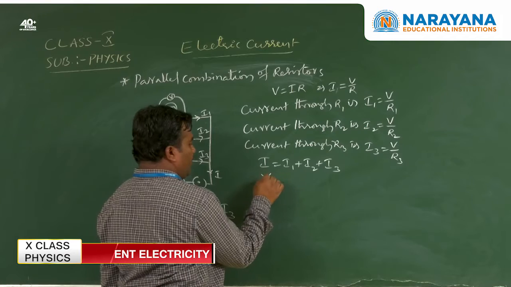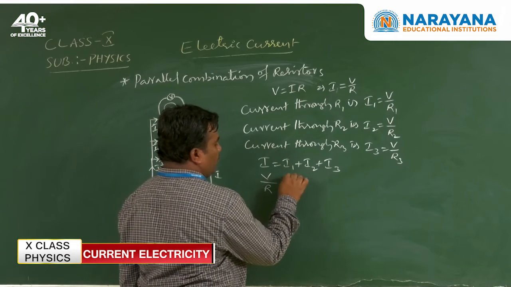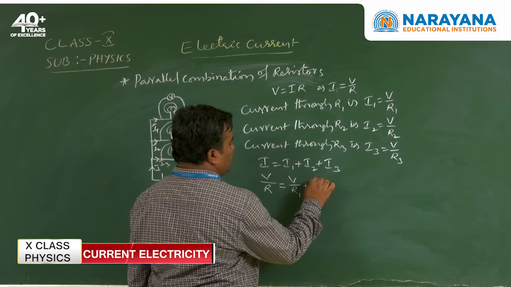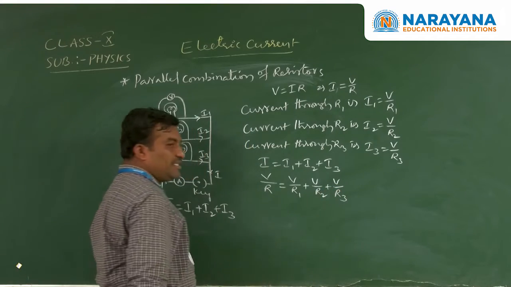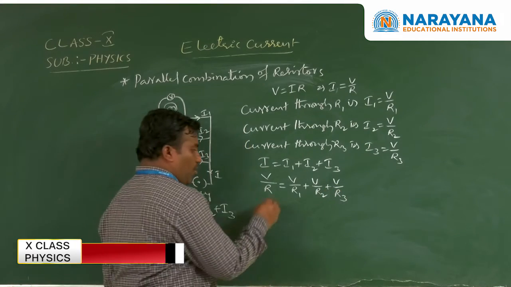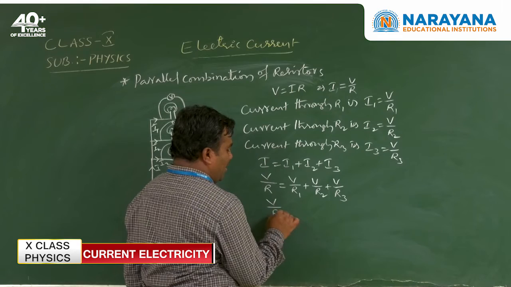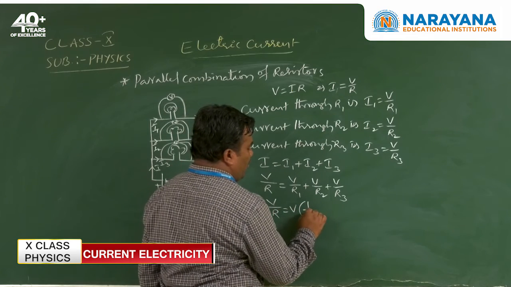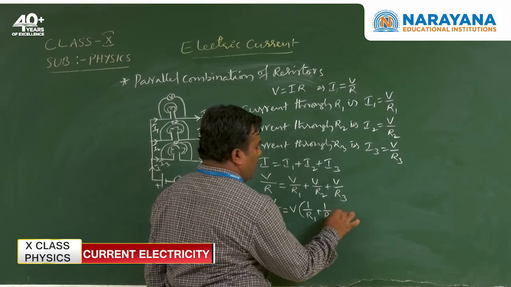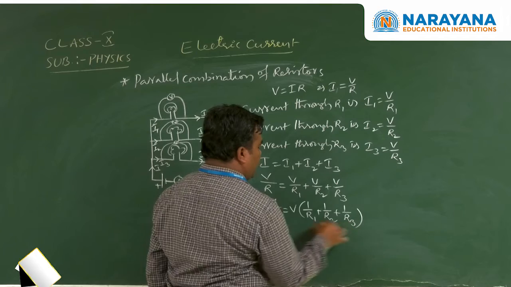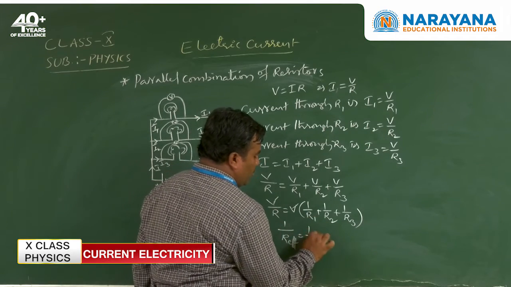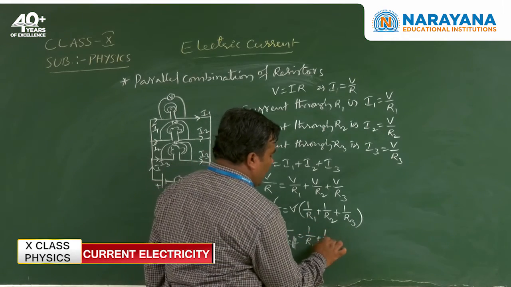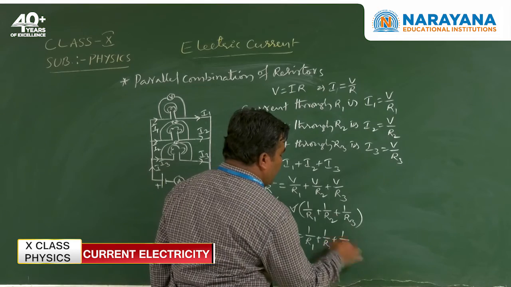That is, V by R equals V by R1 plus V by R2 plus V by R3. V is common on both sides, so it cancels: 1 by R effective is equal to 1 by R1 plus 1 by R2 plus 1 by R3.